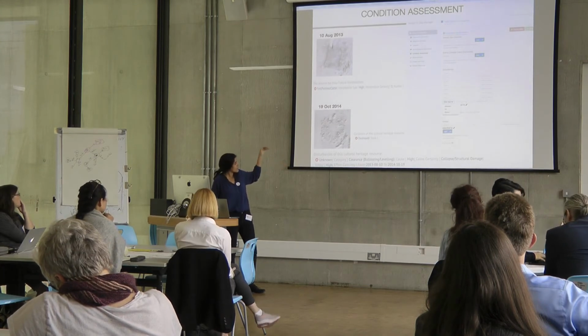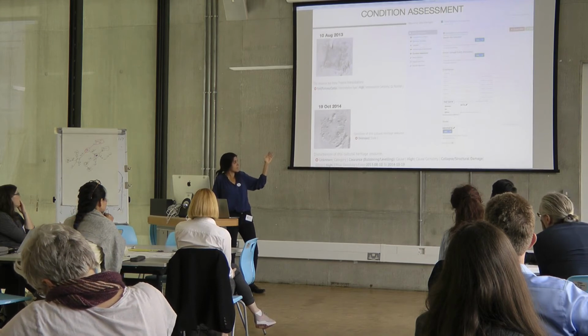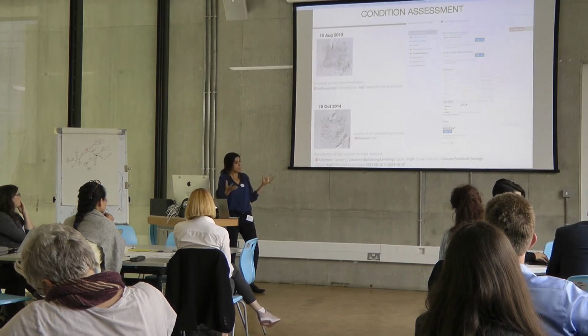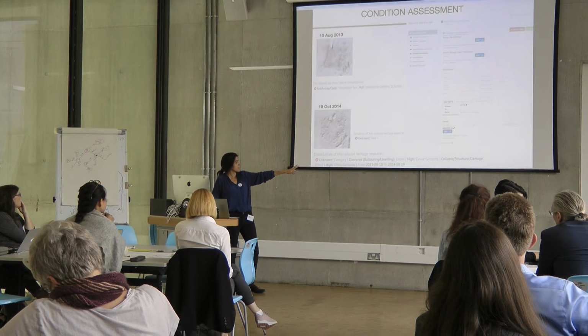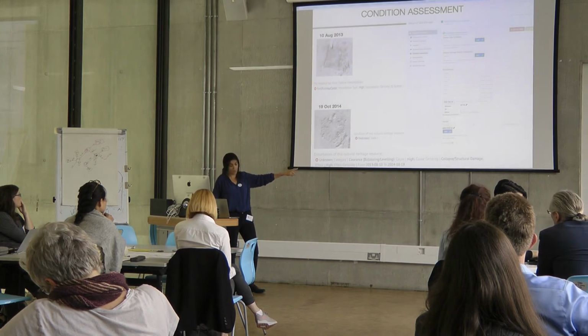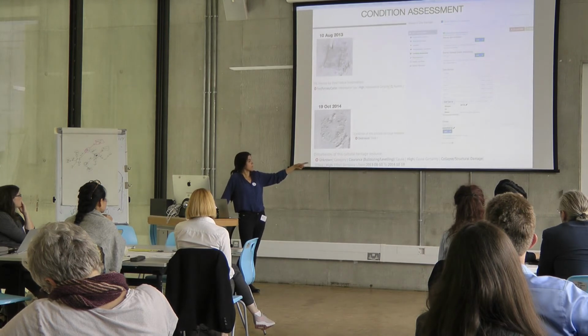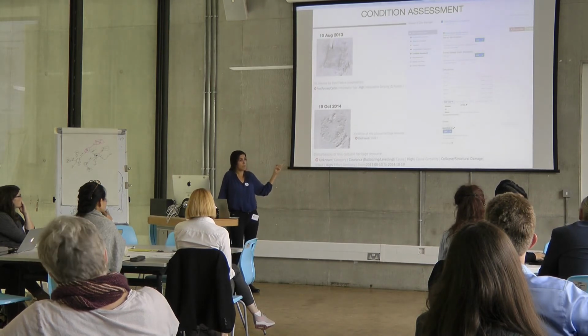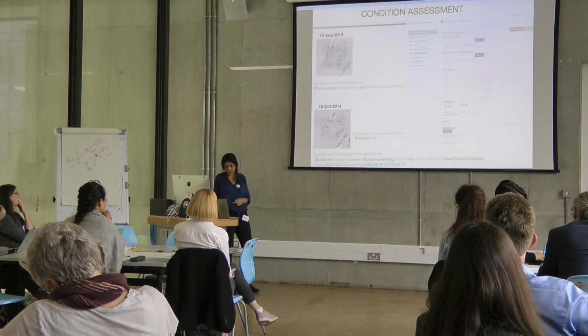We know that it was bulldozed, so we record that bulldozing as the cause of this disturbance, and we see that the structure now is collapsed, and the collapse is the effect, and the time span in which that happened is sometime between 2013 and 2014. And again, it has a certainty of the person that was doing this assessment, whether that person is certain that this bulldozing was the cause of the damage.